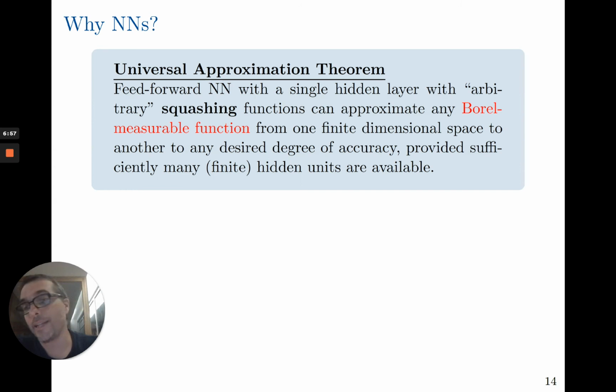Okay? So why neural networks? Why is it so popular? It has been very popular during some period, and then it was almost forgotten, and now it's resurrected from the ashes.